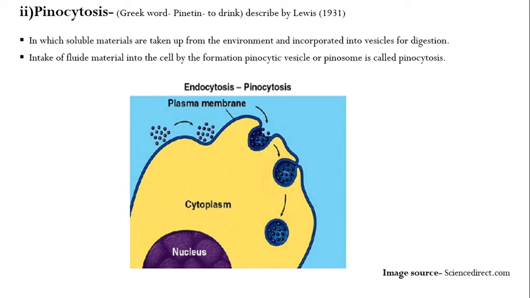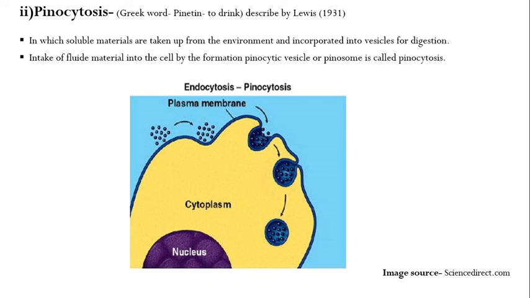These vesicles loaded with material are then transferred to the other side of the cell, where they fuse with the cell membrane and discharge the contents outside. This is pinocytosis.